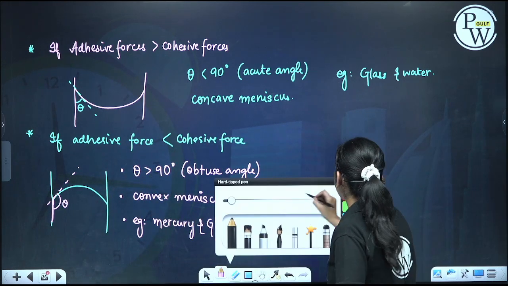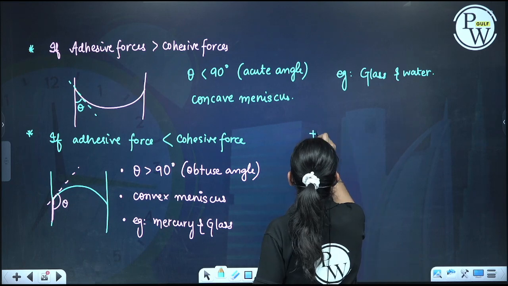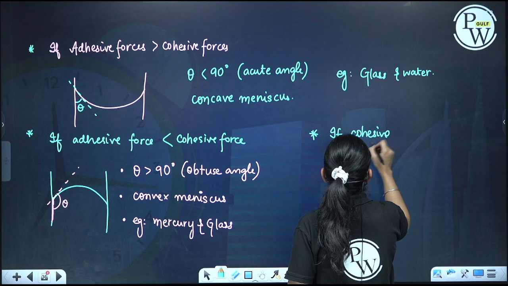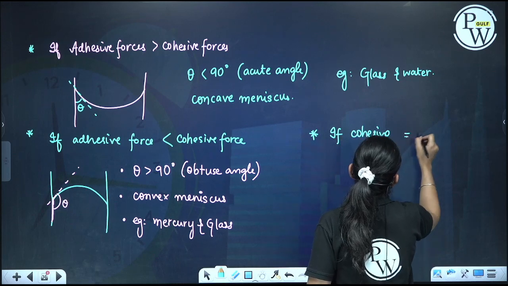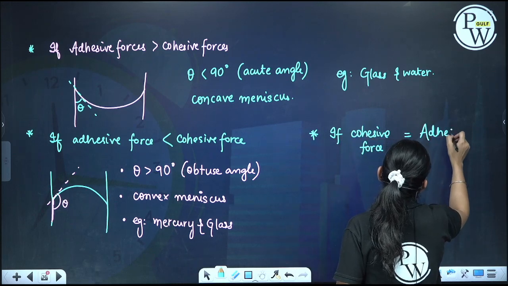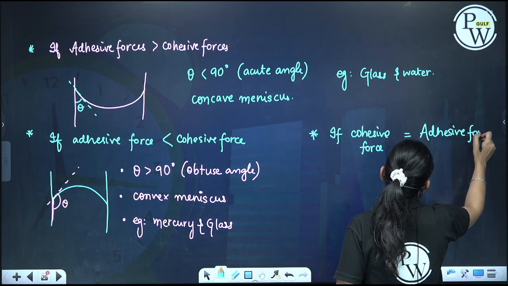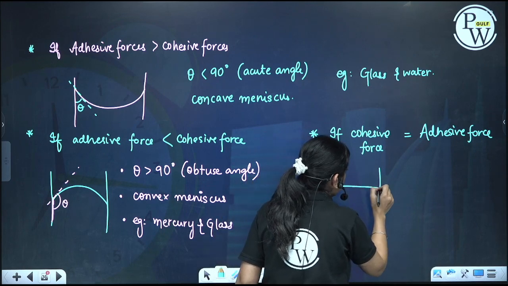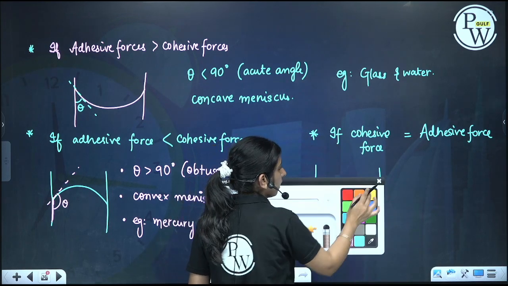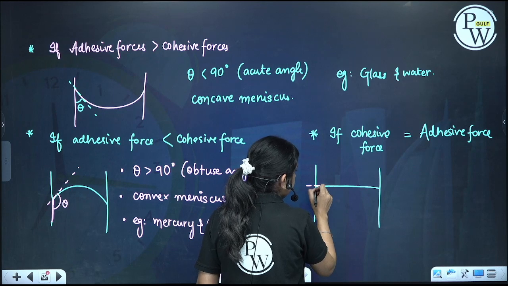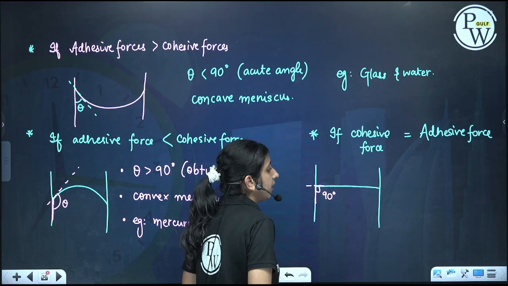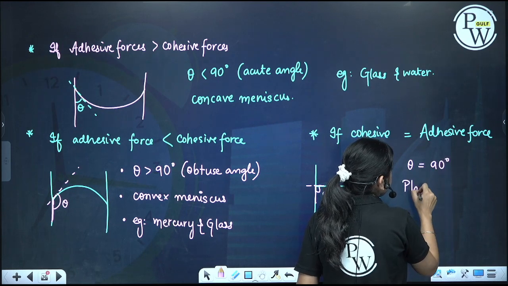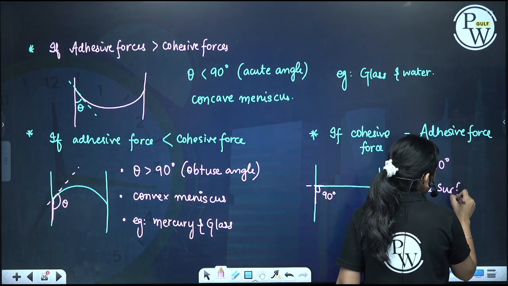The last case is, if the cohesive force is equal to the adhesive force, then neither will it try to stick to the container nor will it try to contract. The angle of contact will be 90 degrees, theta will be 90 degrees, and we will have a plane surface.